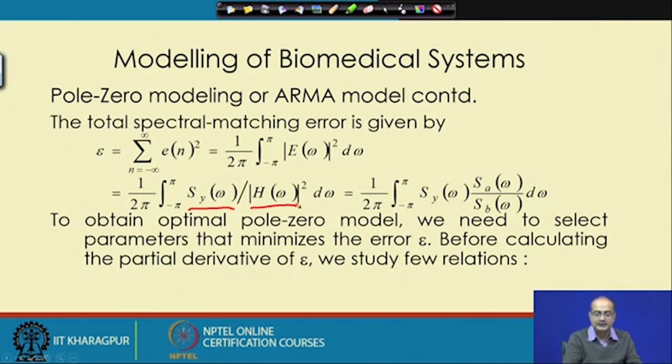Using this fact we can obtain the pole-zero model coefficients by minimizing the total squared error eta.